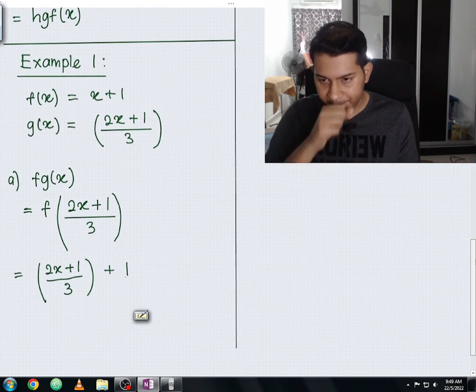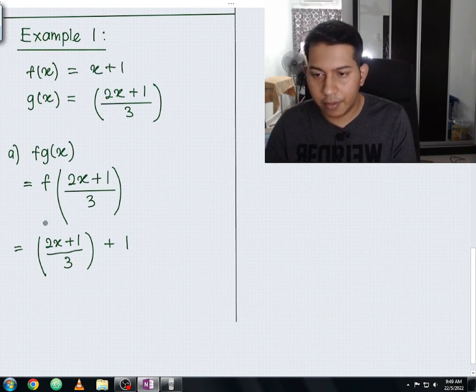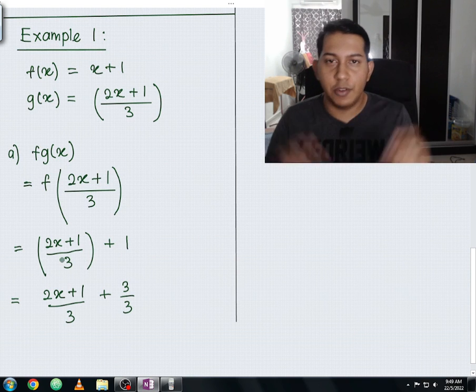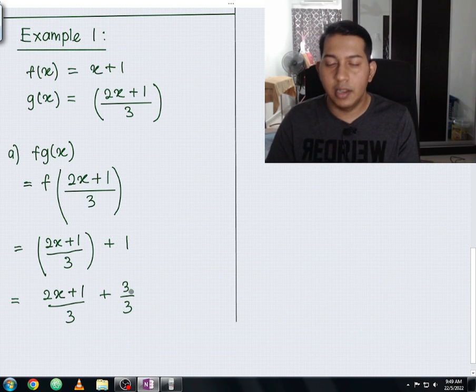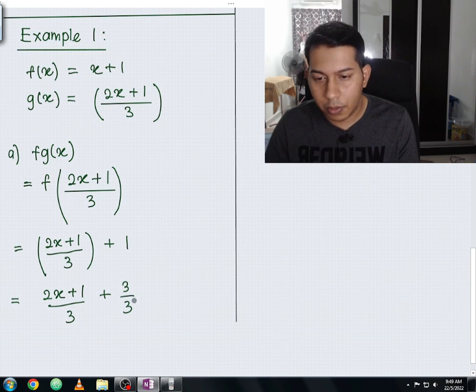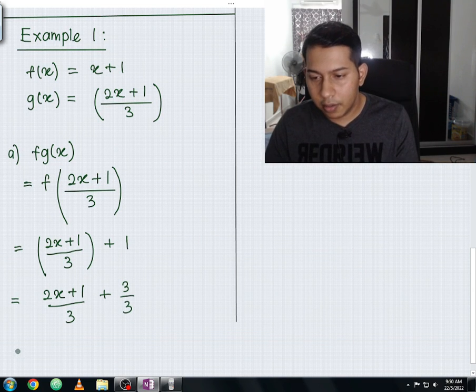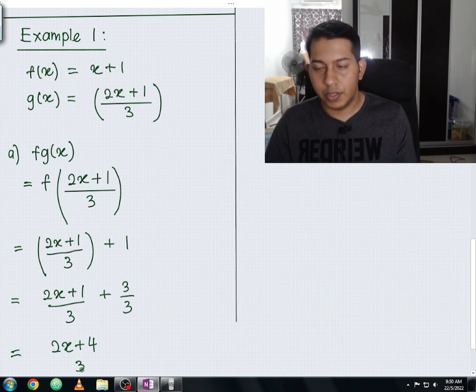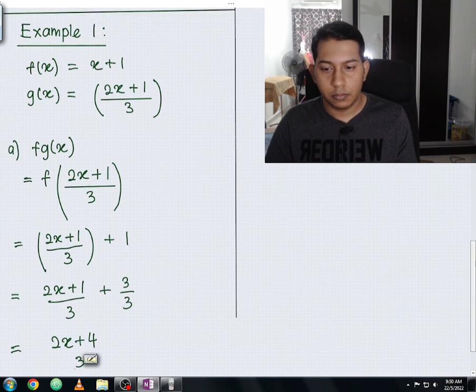Then you just solve using normal algebra. So (2x plus 1) over 3 plus 3 over 3, since you want to make the 1 the same to combine the fractions, into one single fraction. From here you get (2x plus 4) over 3. So this is your fg(x).